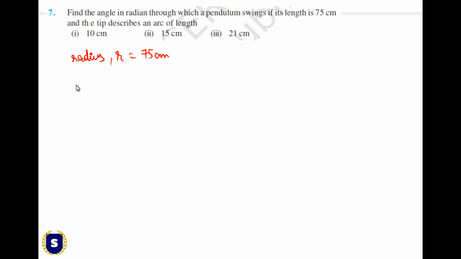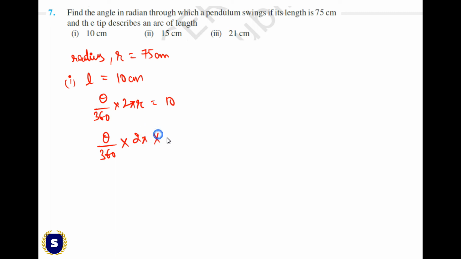For the first part, the length of the arc is given as 10 cm. You know the formula for the length of the arc, that is theta by 360 into 2 pi r is equal to 10. We need to calculate theta, and r is 75.